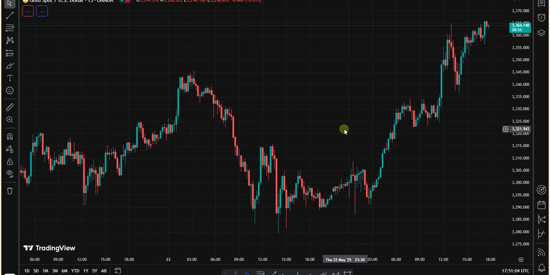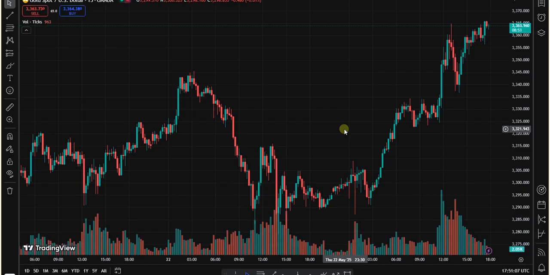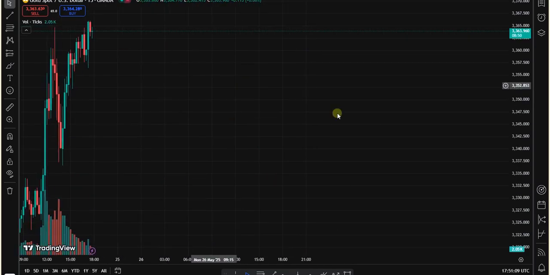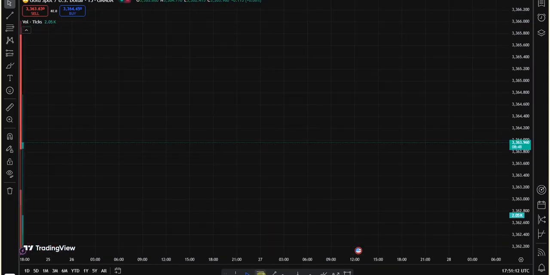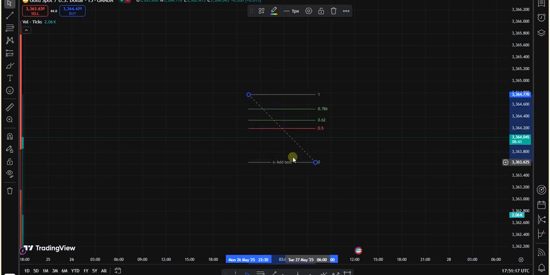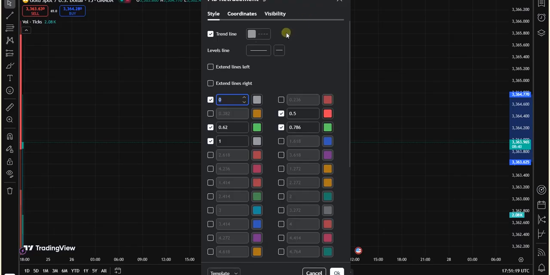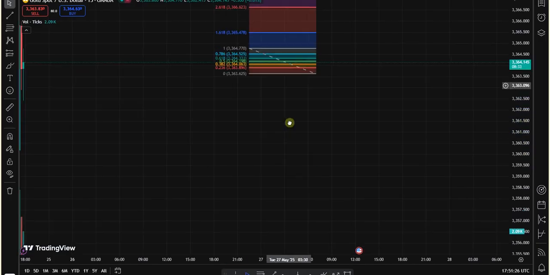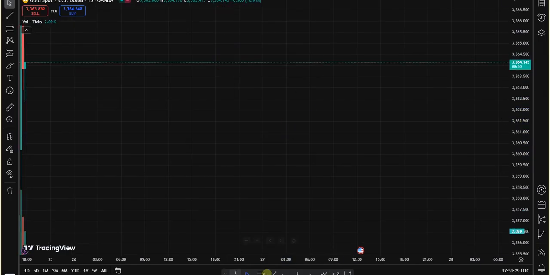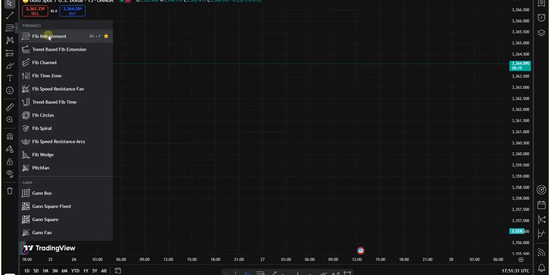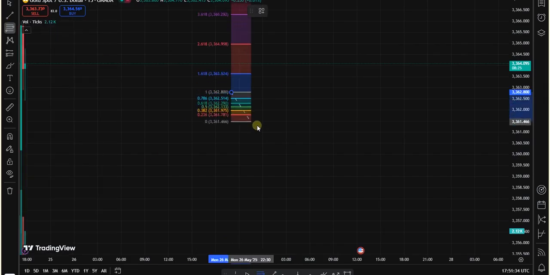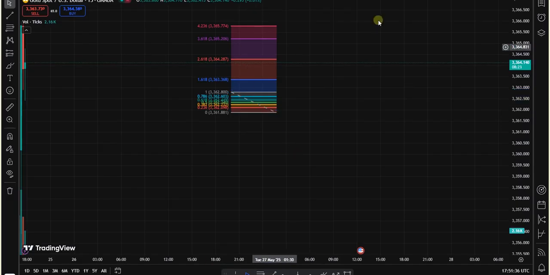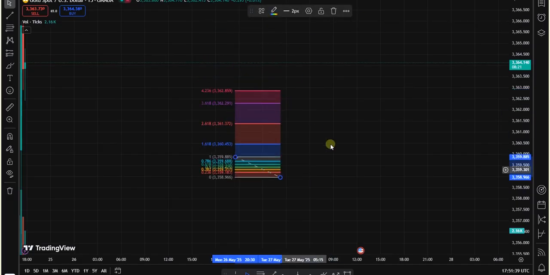If you click on your Fibonacci retracement tool and click from here to here, let me see if I can return it back to default. Okay, good. If you are a new user, you select your Fib tool and draw something like this, and you are going to have something like this.